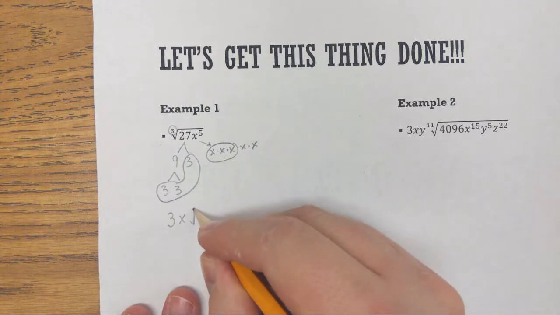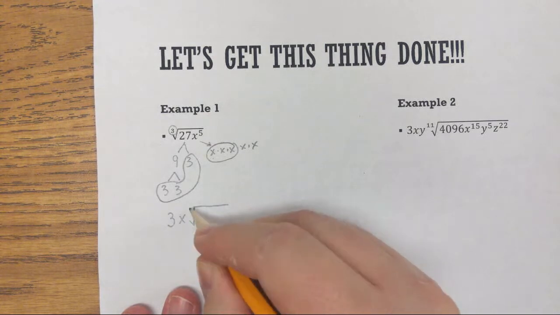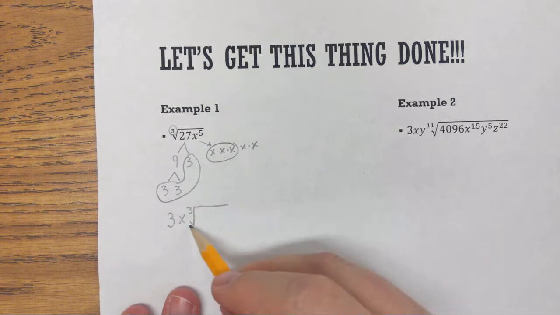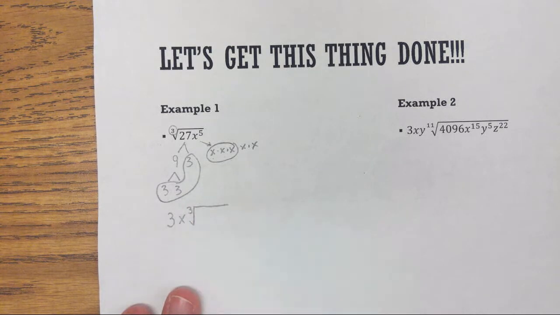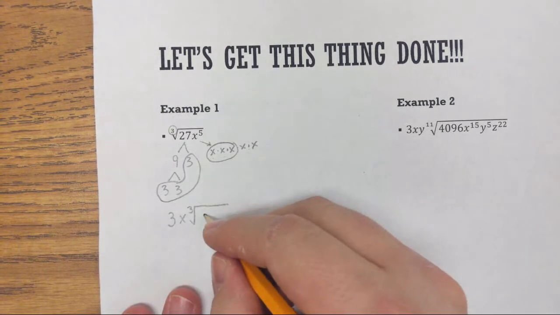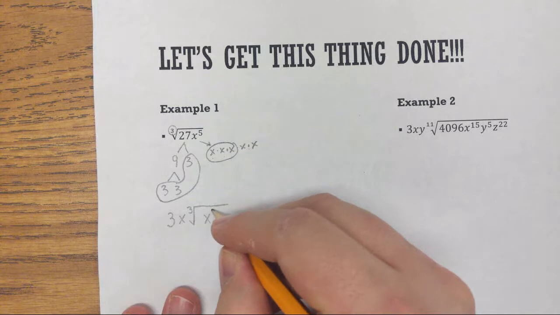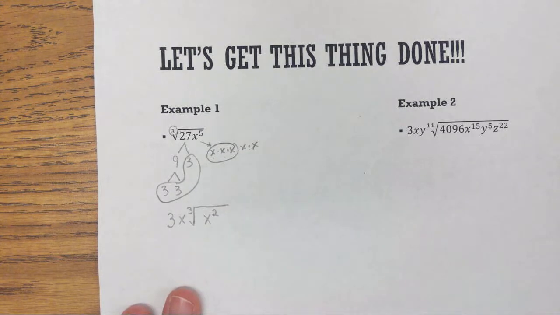I can't simplify anything else underneath there. So I do my cubed root again, I draw my radical with the 3 right there, and then I'll put the x, because I have 2 x's, x squared, back inside. And that's simplified.